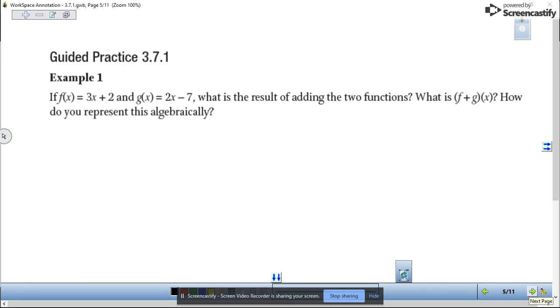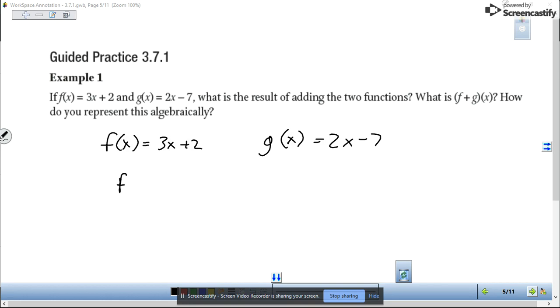All right, example 1. If f of x is 3x plus 2, and g of x is 2x minus 7, then what's the result of adding those two functions? What is f plus g of x?